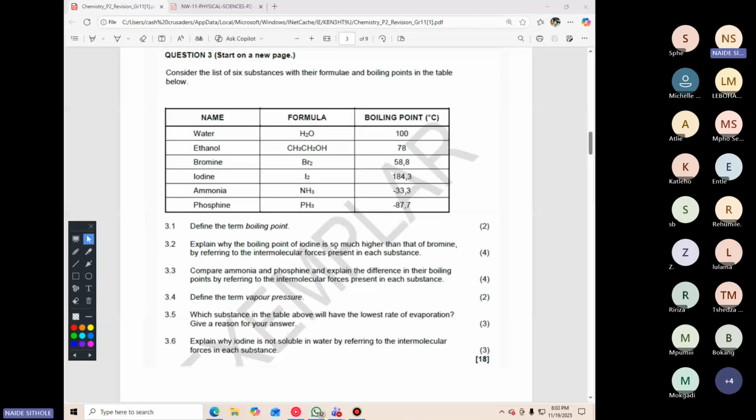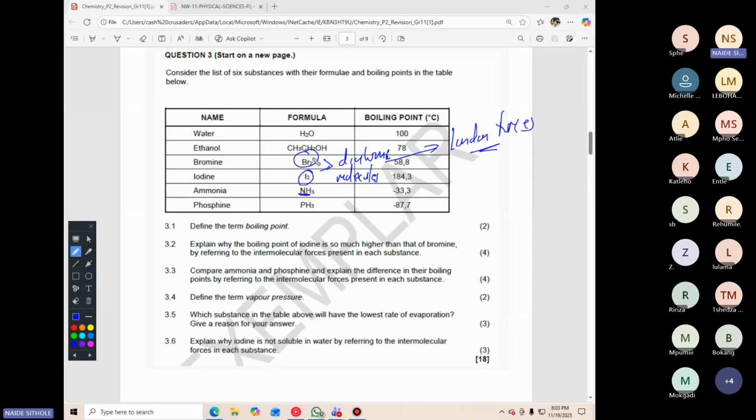Explain why the boiling point of iodine is so much higher than that of bromine by referring to the intermolecular forces present in each substance, right? Then we have spoken about this, right? If we look at bromine and iodine, these are what we call diatomic molecules, right? And I said all diatomic molecules have London forces.